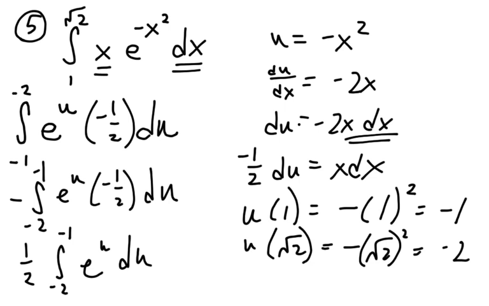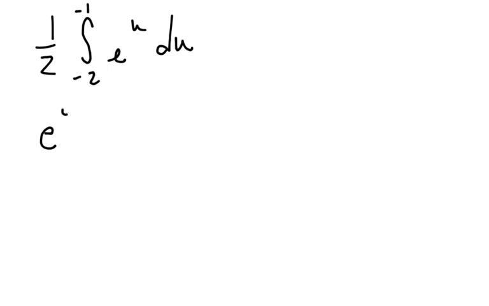Going on to the next slide here. Copy what I just had. This is going to be e to the u, multiplied by that 1/2 in front, evaluated from negative 2 to negative 1.